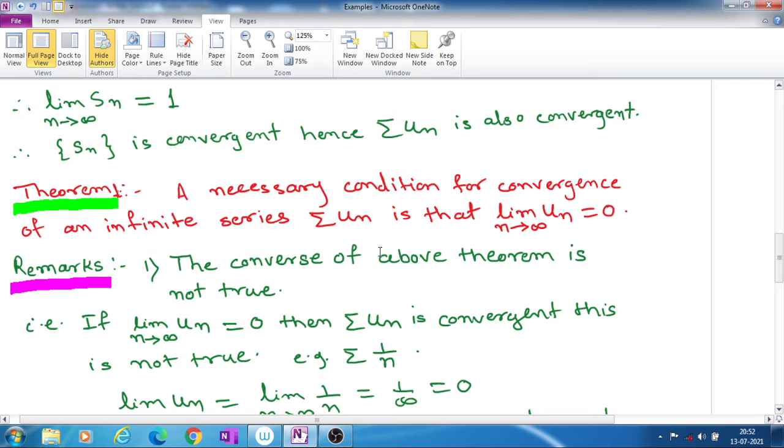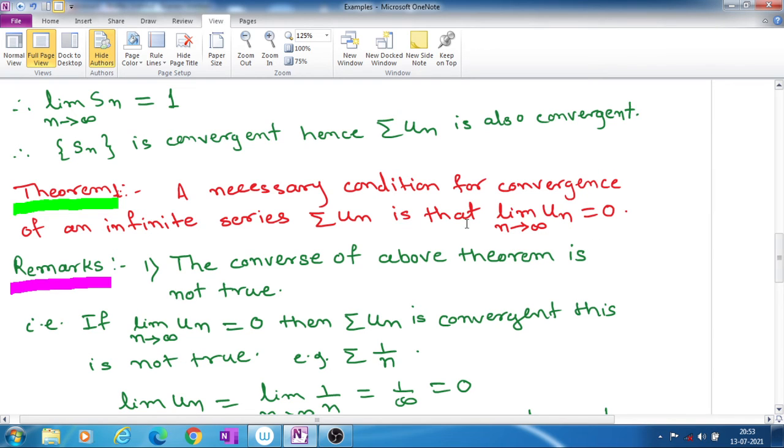Now we are saying that the necessary condition for the convergence of a series is that the limit of Un is equal to 0. That means the limit of the nth term of the series, where Un is the nth term of the series. If the series Un is convergent, then the limit of this nth term is equal to 0.